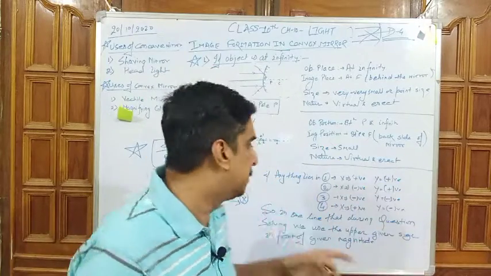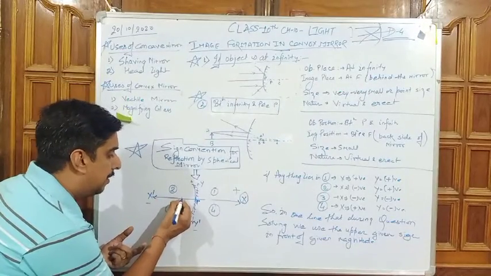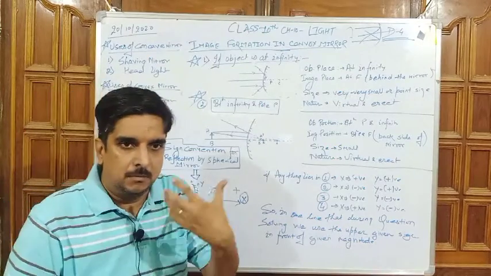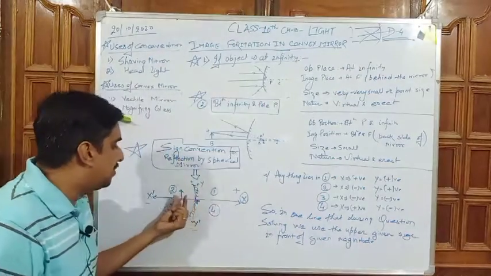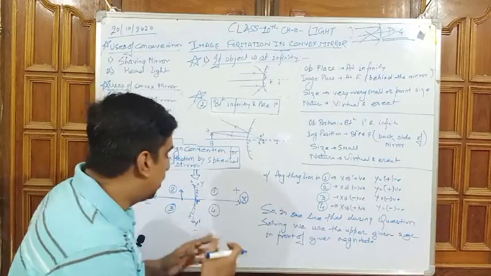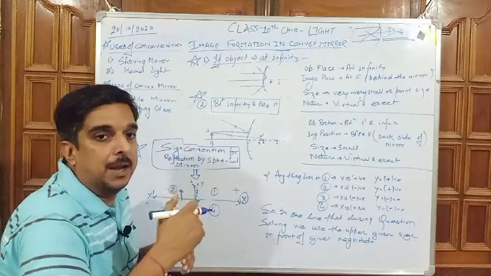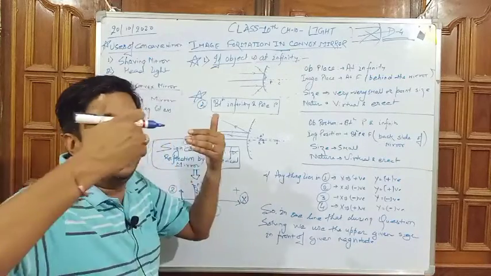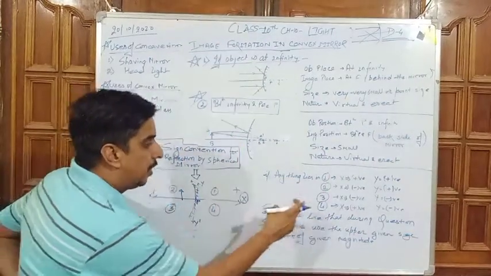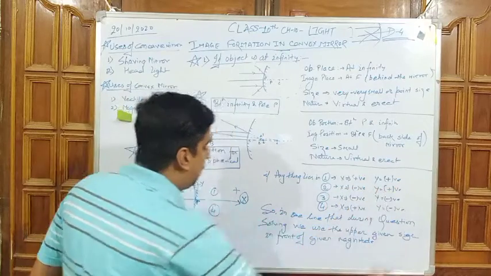If I am standing in front of the concave mirror, the distance of my position with respect to the concave mirror will be negative, and my height will be positive. So I wrote x will be negative, x dash will be negative, and y will be positive.